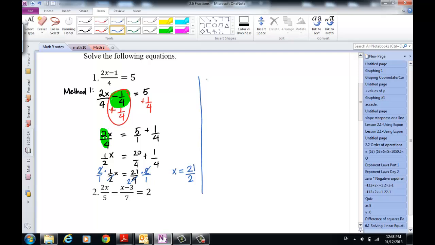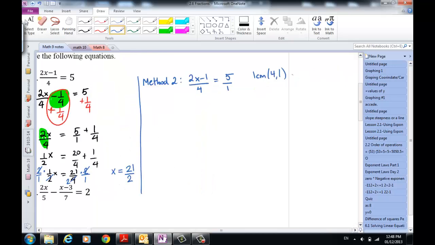On my other method, which we learned yesterday, I'm going to write out the equation first. Remember, 5 is just considered to be 5 over 1. So if I'm looking for the lowest common multiple between 4 and 1, that's pretty easy. The lowest common multiple is just equal to 4.